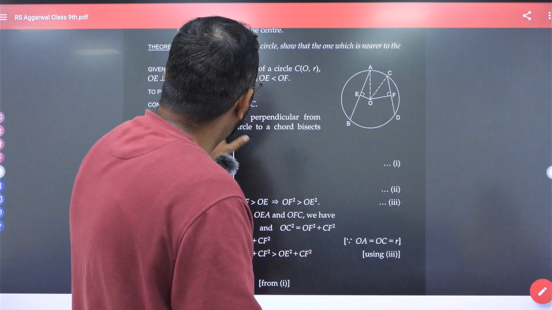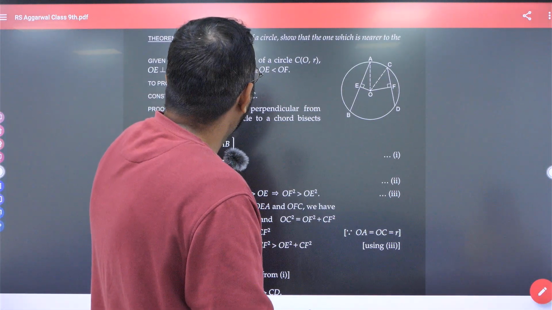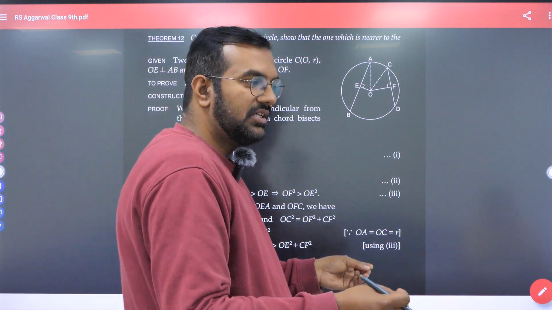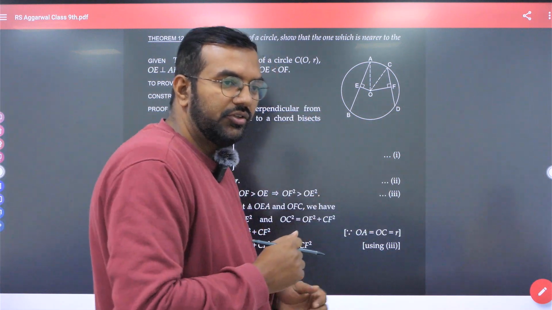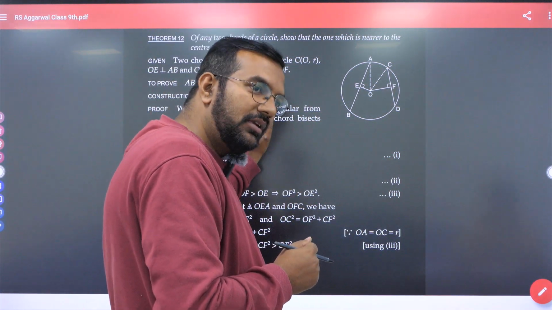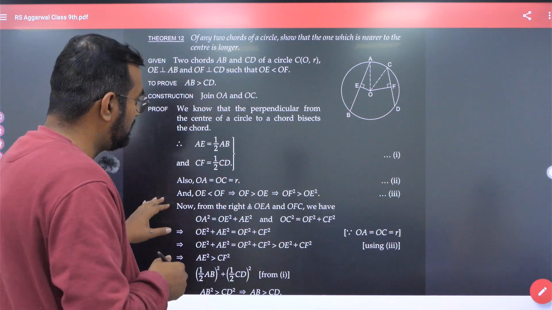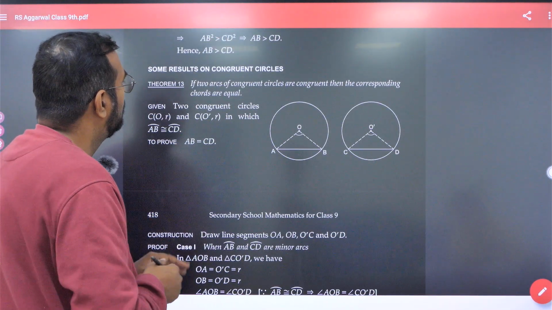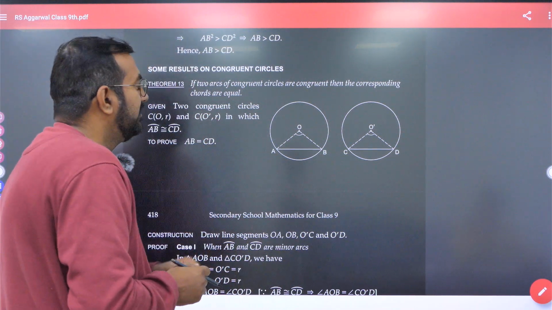It is just the opposite. The one which is nearer, that will be larger. So you can prove it in a similar way as we proved the last one. Okay. We have already discussed this theorem.